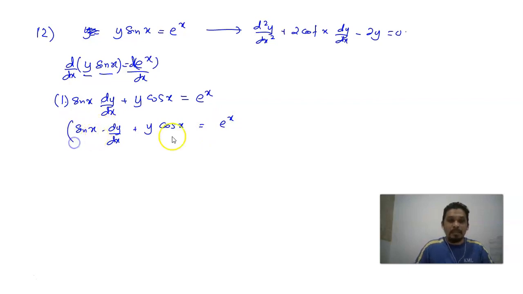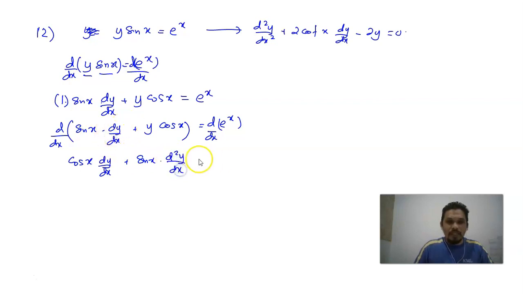So again, we derive everything here with respect to x. For this term, derive the sine, it gives cos x dy/dx, plus sine x times the derivative of dy/dx, which gives the second derivative of y with respect to x.